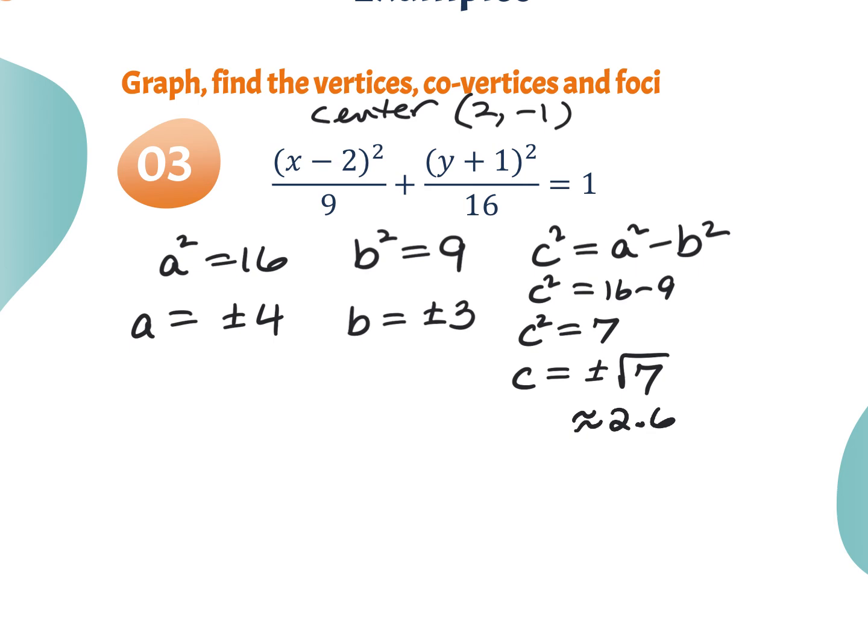Now, you can see that your major axis, the bigger number, is under the y. So major is going to be y. So I'm going to be adding the a value to the y of the center, which is really the k. So let's do the vertices.